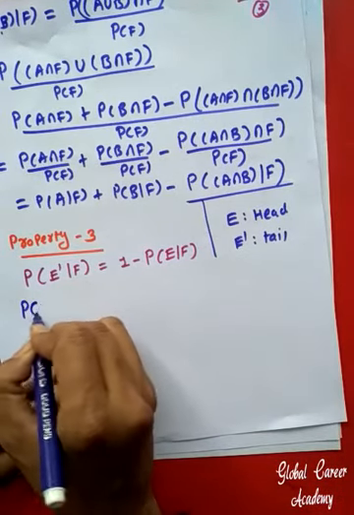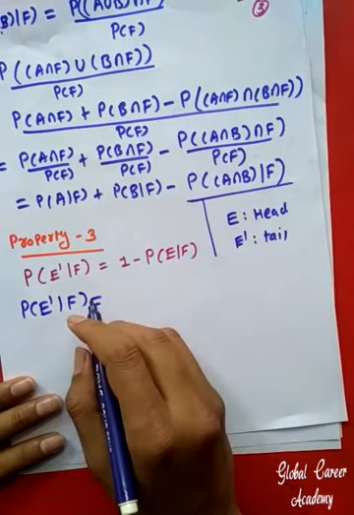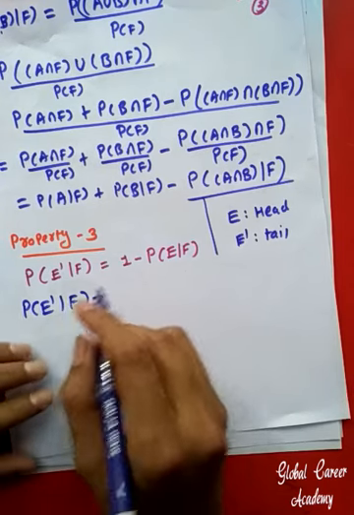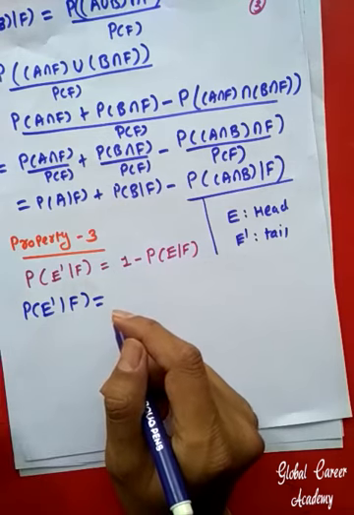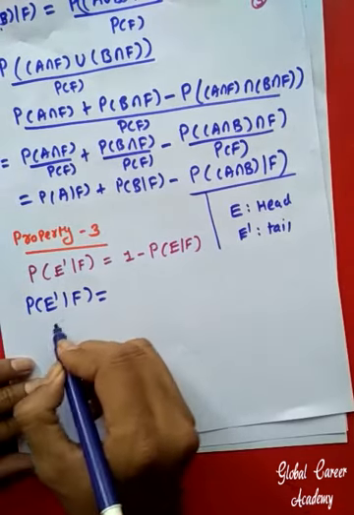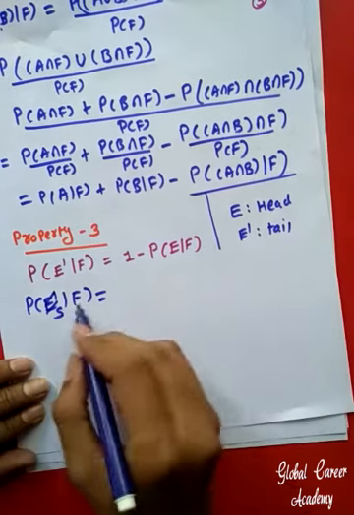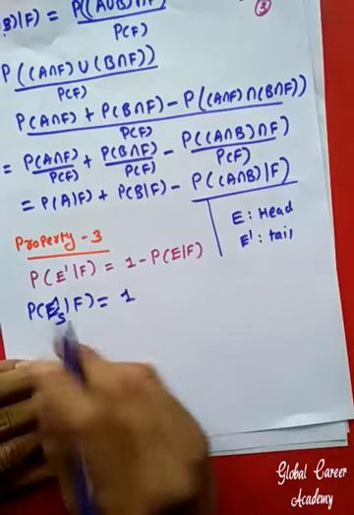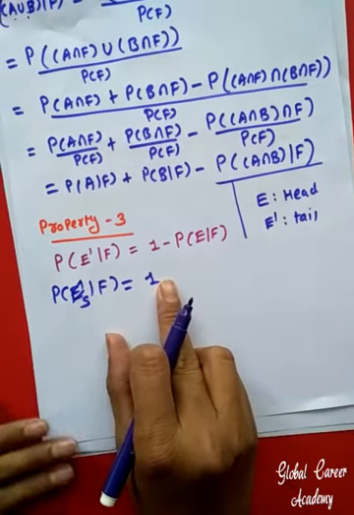P of E dash given F can be given as, over here we are going to use the first property. Sorry, from here, P of S given F. Okay, we'll start with property number 1. So what was its value? It was P of S given F is equal to 1, right. Okay.